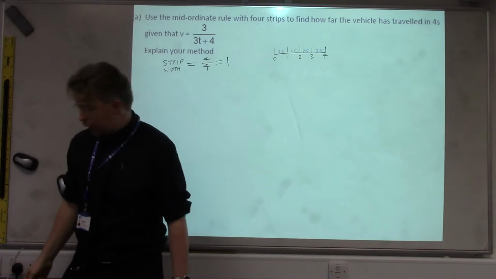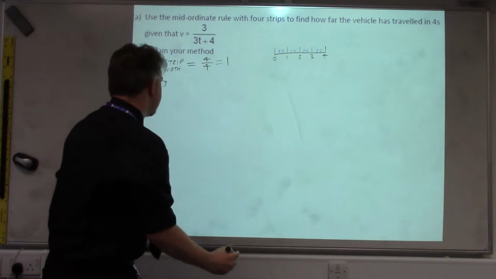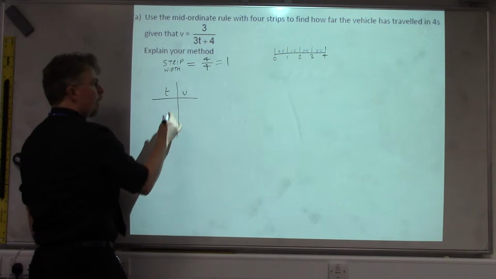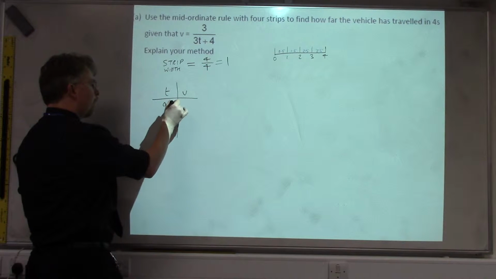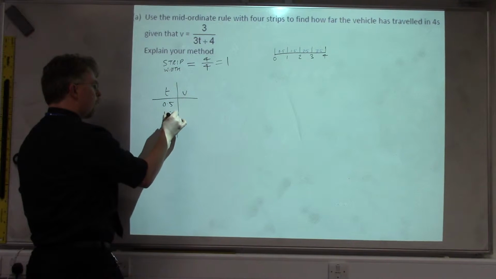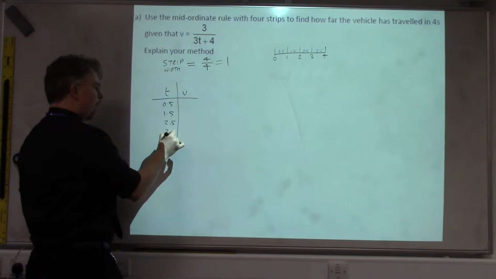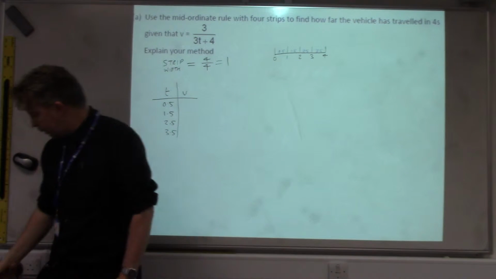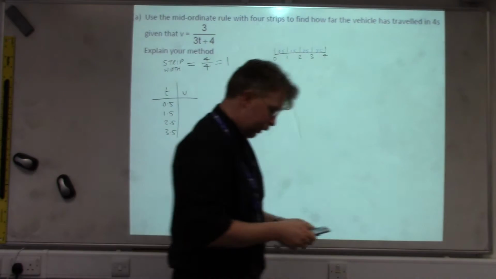So we need to construct a table for the mid-ordinate rule. So we've got T and V. Values are 0.5, 1.5, 2.5 and 3.5, and we'll be using table mode in the normal way. So mode 7.